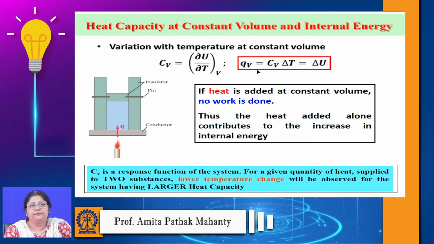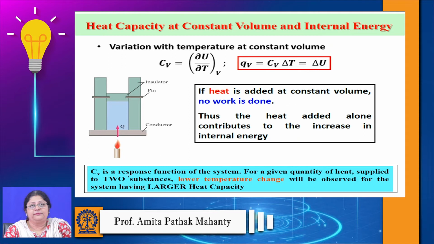So if heat is added at constant volume, no work is done because the volume change is zero. Thus the heat added only contributes towards the increase in the internal energy of the system.